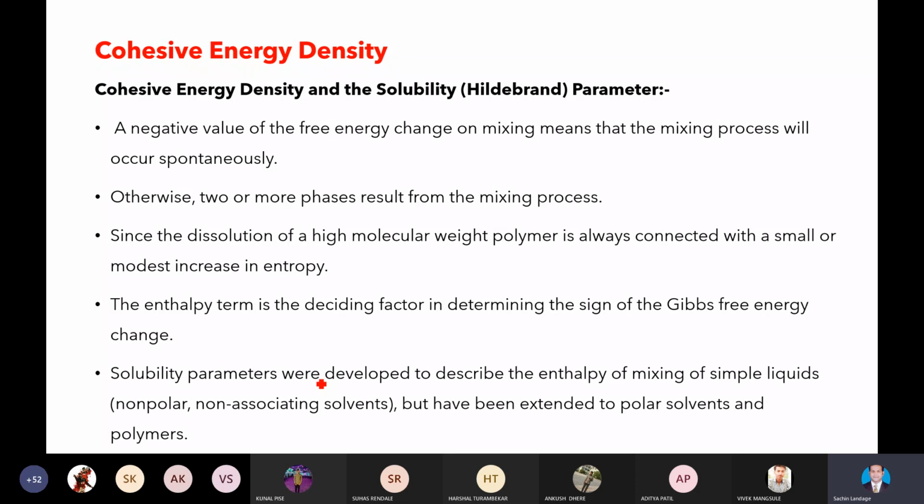So next, how these things are related to the solubility. A negative value of the free energy change on mixing means that the mixing process will occur spontaneously.